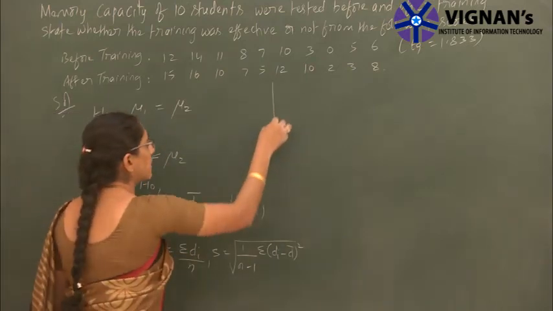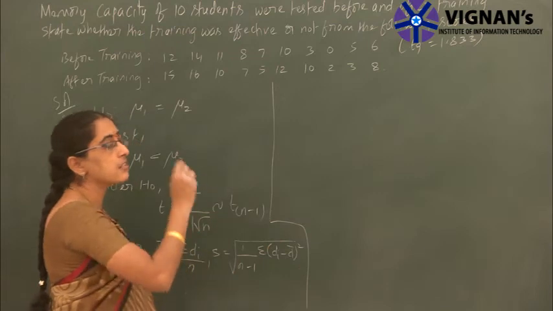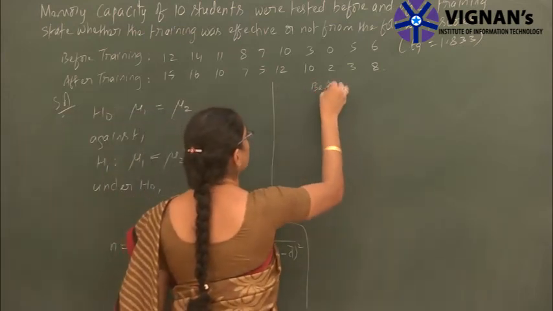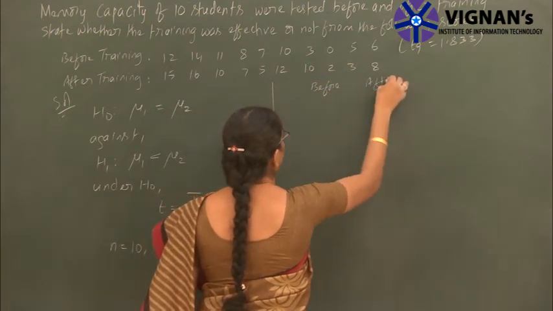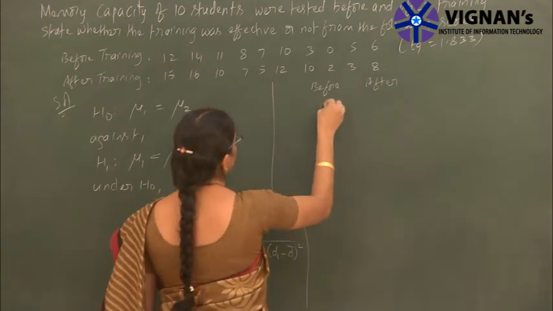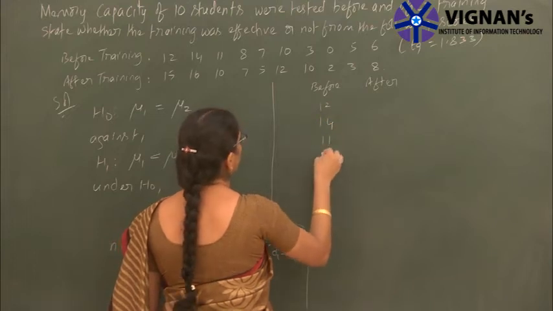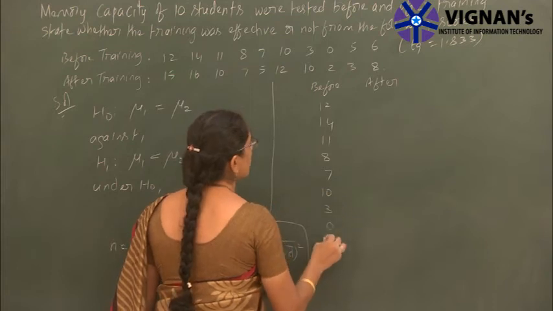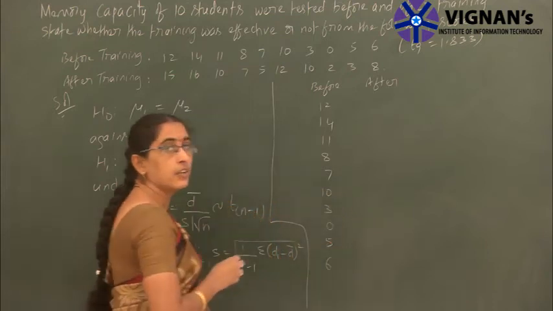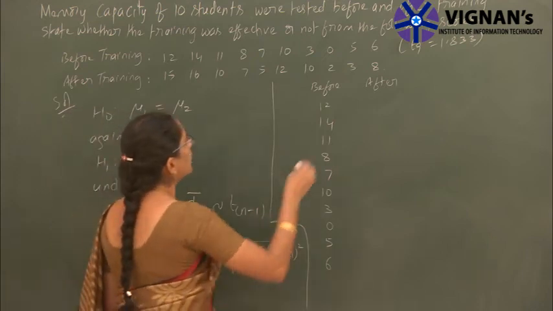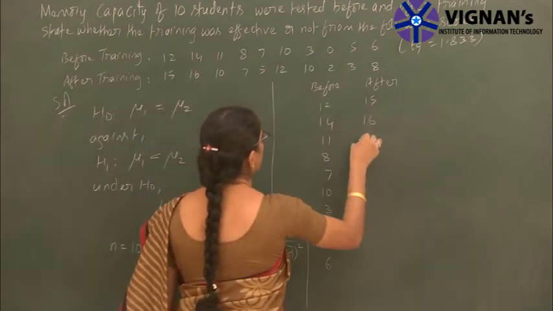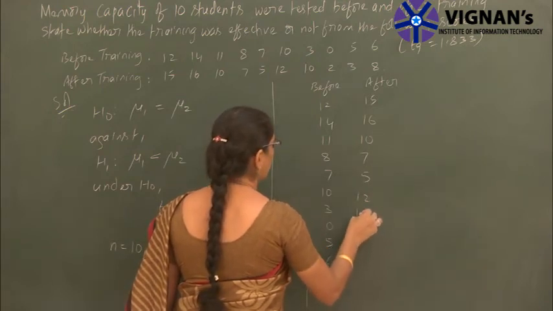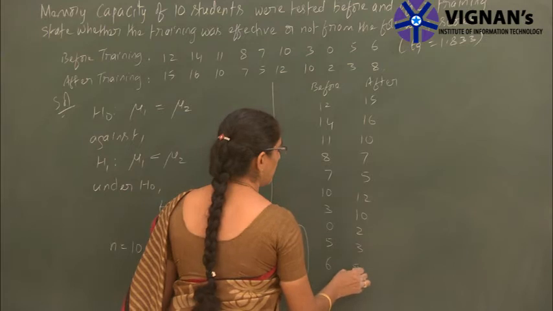Now let us consider the difference between these 10 students' before and after training marks. Before training the scores were 12, 14, 11, 8, 7, 10, 3, 0, 5, 6. After training the scores were 15, 16, 10, 7, 5, 12, 10, 2, 3, 8.